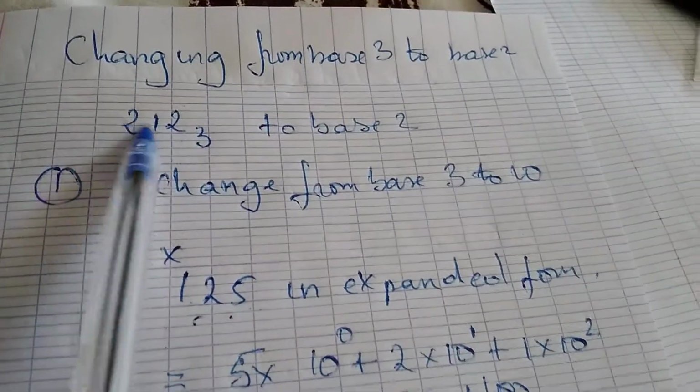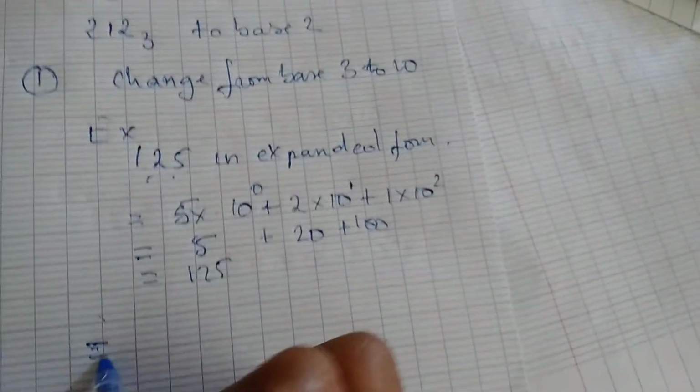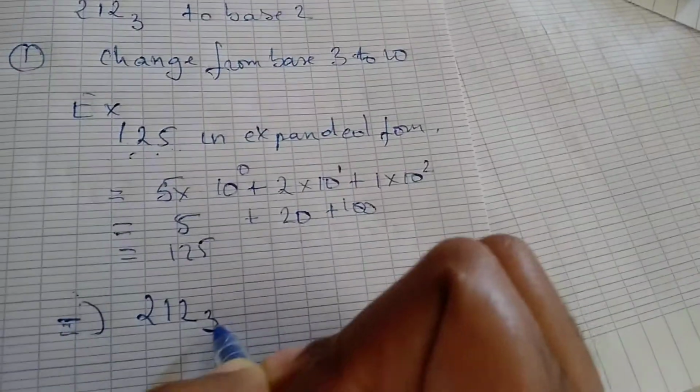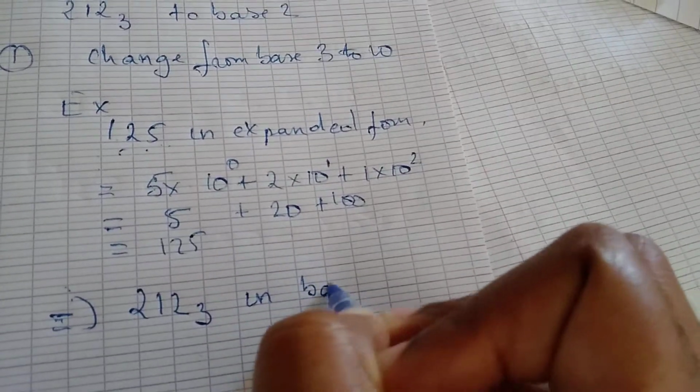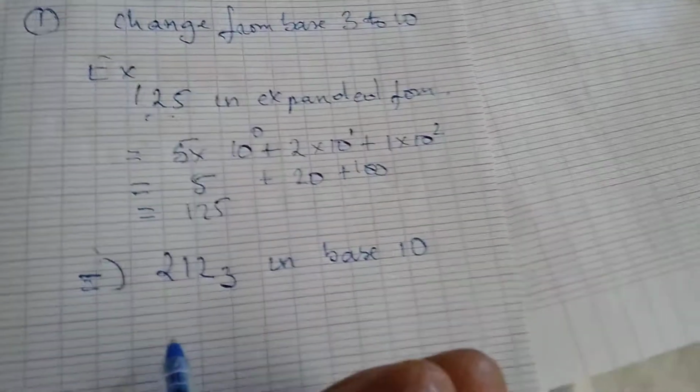This is the basic idea I'm going to use for changing to base 10. Here I'm in base 3, so I will change 212 in base 3 to base 10 using expanded form with its base.